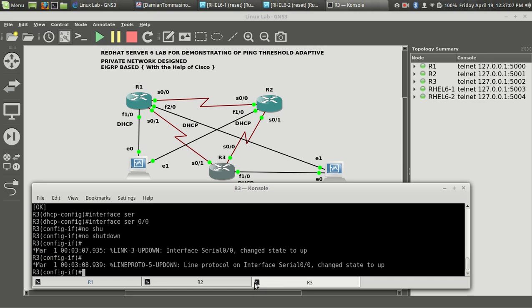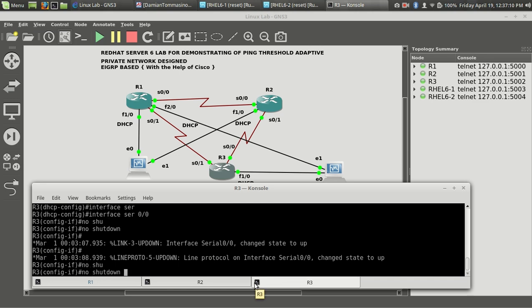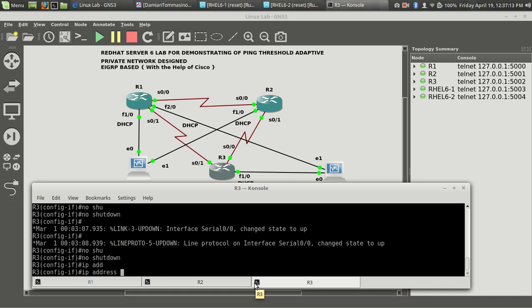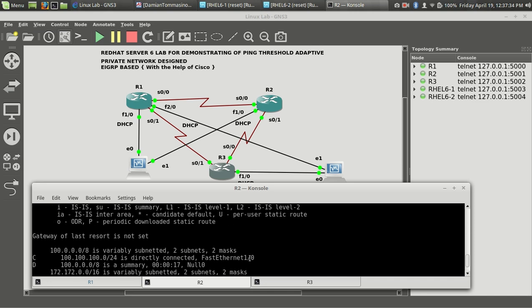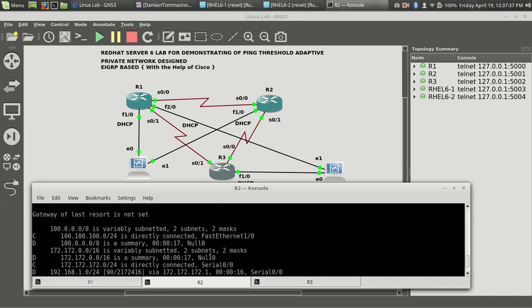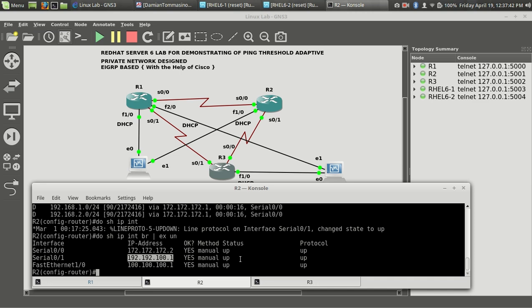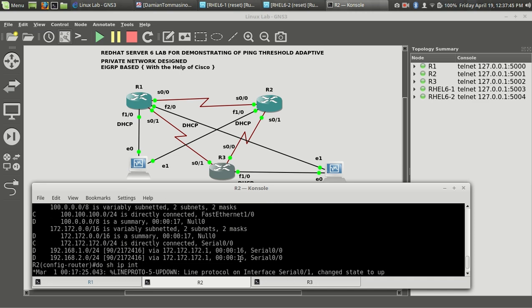Serial 0/1, it must be, what is the CIDR value before I commit. Is it 192.192.100 or 192.192.192?